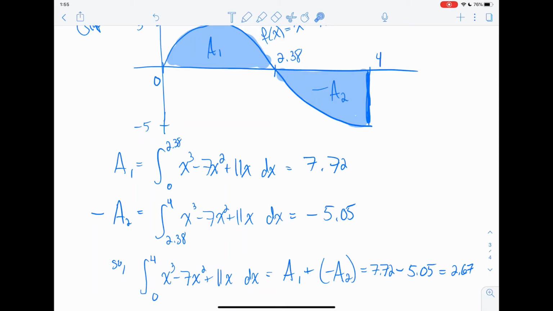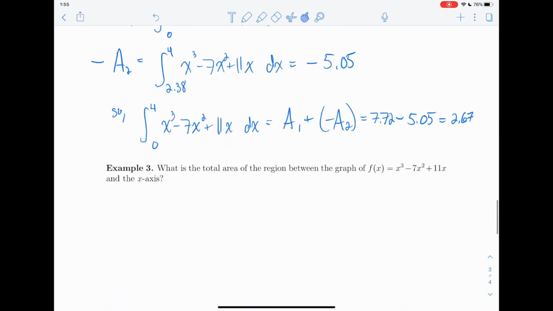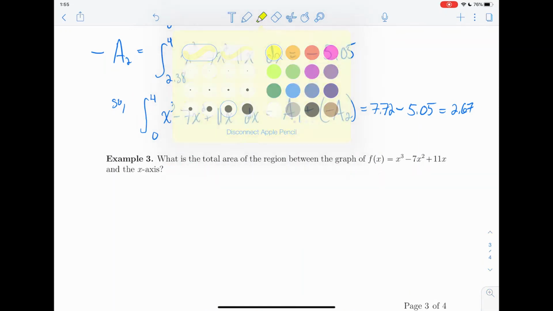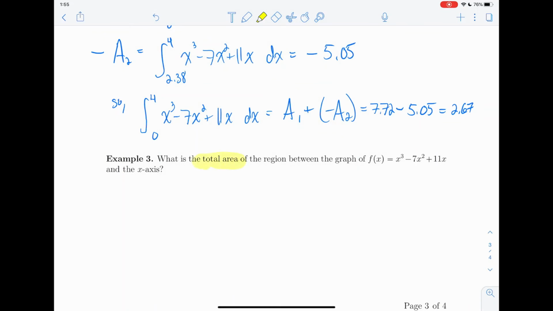Whereas the other question one might ask is, with the same function, what is the total area? That's the operative word here. What is the total area of the region between the graph of f of x equals x cubed minus 7x squared plus 11x and the x-axis, specifically from 0 to 4 is what they're asking.